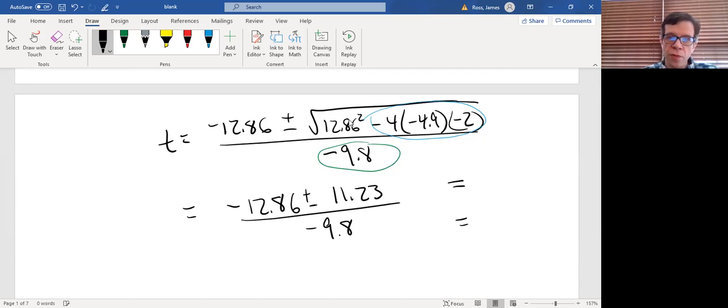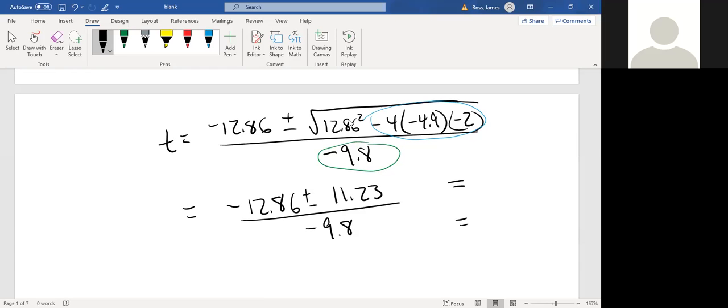So what does this equal? If we take the plus, then we'll take 12.86 negative, right? Plus 11.23 gives us minus 1.6. So divided by negative 9.8 gives us 0.17 seconds.